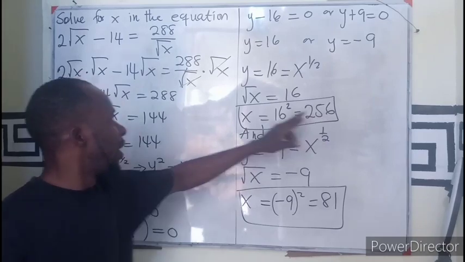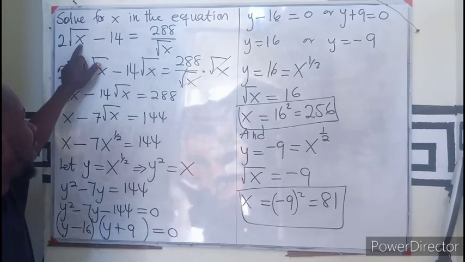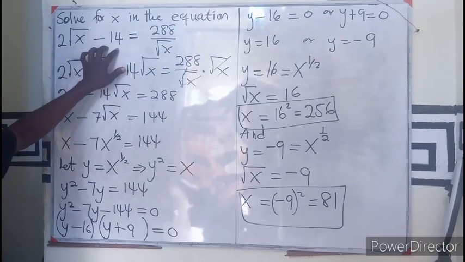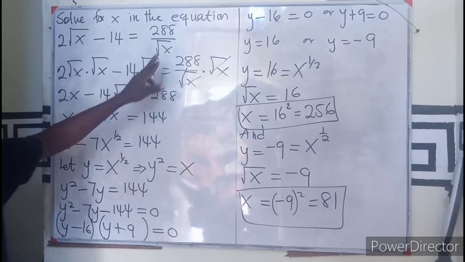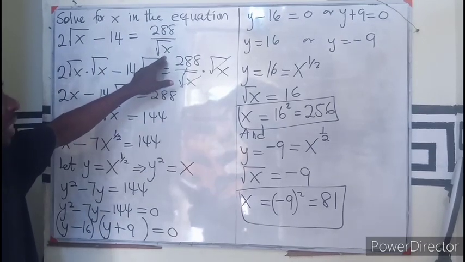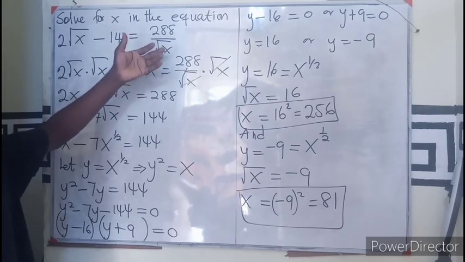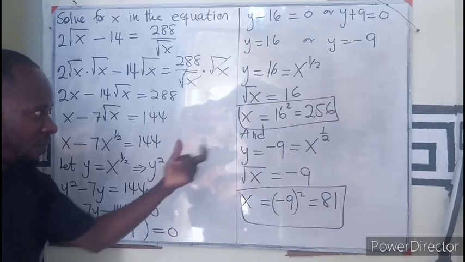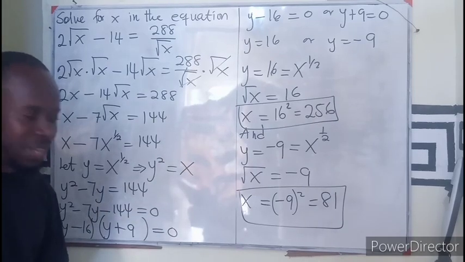Now when you put this into this place, it gives you the root of 256, which is 16, which multiplied by 2 gives you 32, minus this, that will give you 18. If you put your 256, it will give you 16, and 288 divided by 16 will also give you 18. So it means that x is actually the value 256.